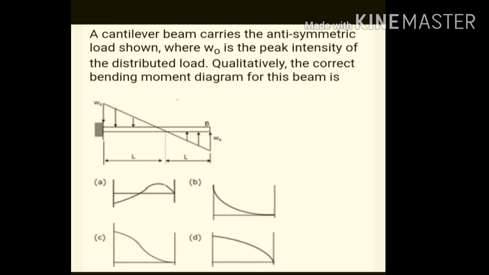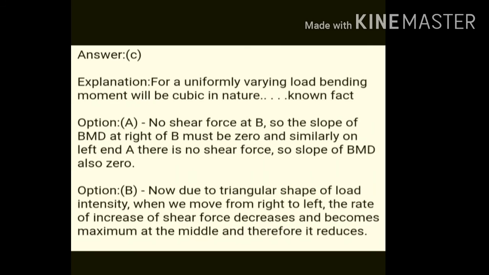So it is a cantilever beam, you can understand this. What is going to happen in this case? See, the answer is C. For a uniformly varying load, the bending moment will be cubic in nature.